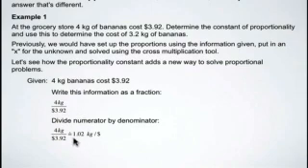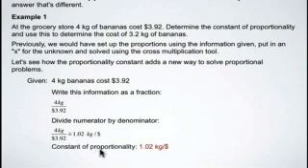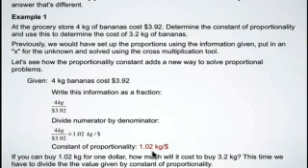It says that it's 1.02 kilograms per $1. So now we have a different constant of proportionality. That is 1.02 kilograms per dollar. If you can buy 1.02 kilograms for $1, how much is it going to cost to buy 3.2 kilograms? So this time we have to divide.